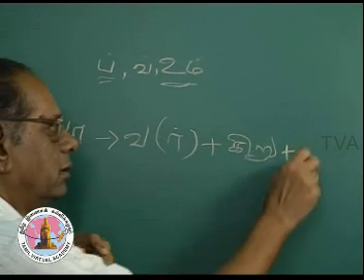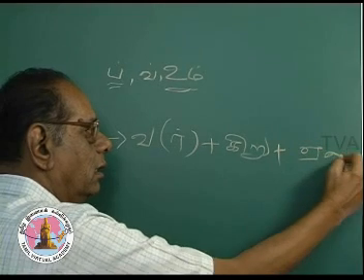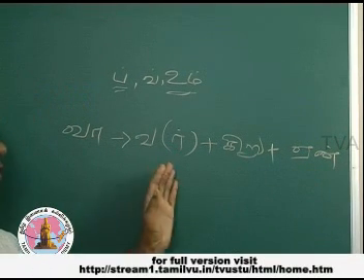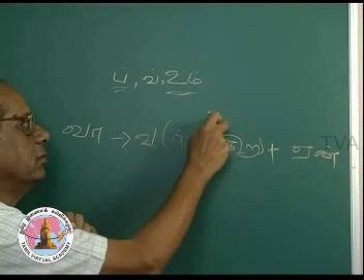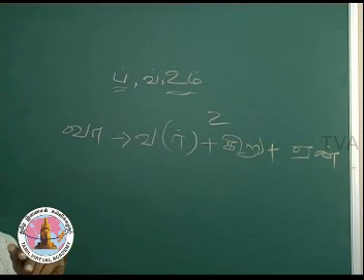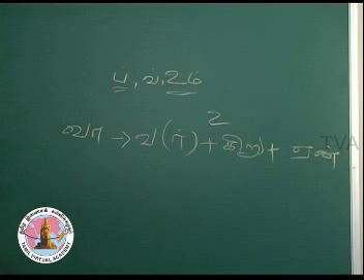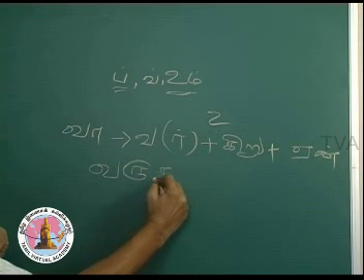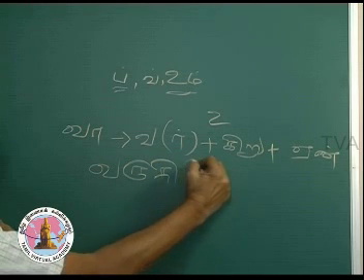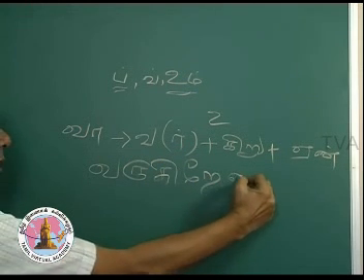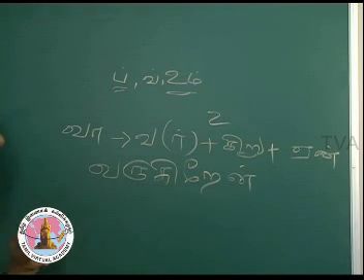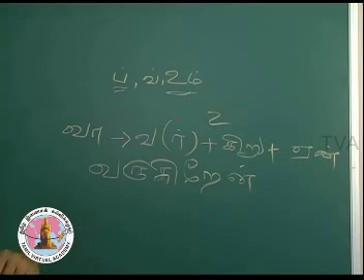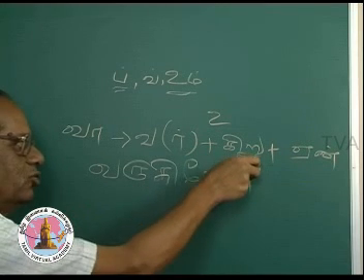And then the person marker. To ease the pronunciation, a vowel is added. So, it becomes varugirain. What is the tense? Present tense. This is the present tense marker.